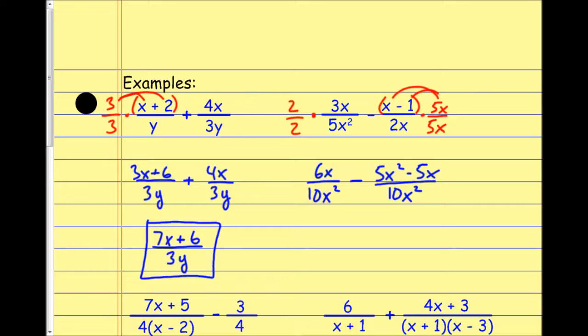So now subtracting is the same as adding the opposite. So when I do that, I'm going to put this in descending order. That's a negative 5x squared. When I combine those like terms, that's a plus 11x all over the 10x squared. And now from here, it looks like in that numerator I can factor out an x.